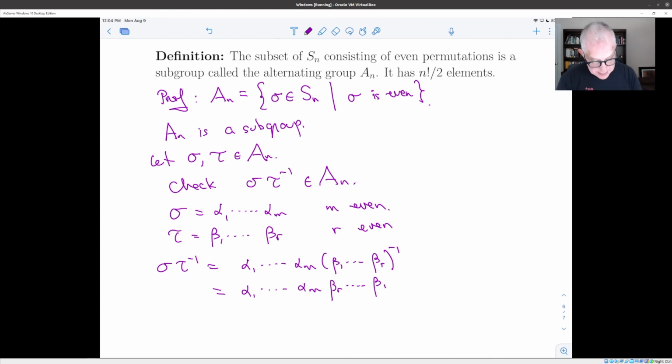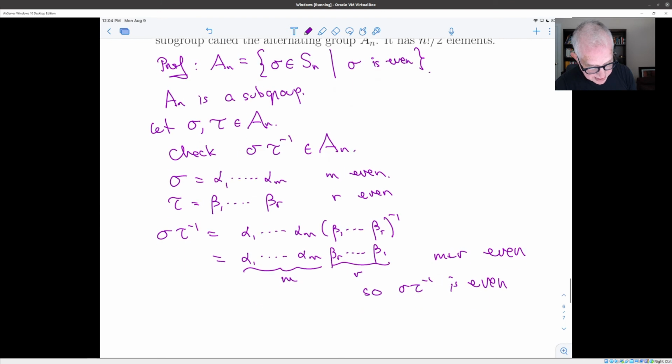And so the length of this expression is m plus r. And m plus r is even, because m and r are both even. So sigma tau inverse is even, and so sigma tau inverse belongs to An. And so An is a subgroup.